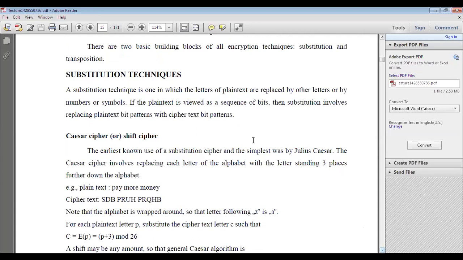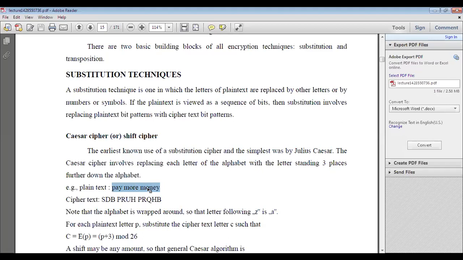Caesar cipher technique means, for example, the actual plain text is: Pay more money. We have to communicate this from the source user to the destination user.